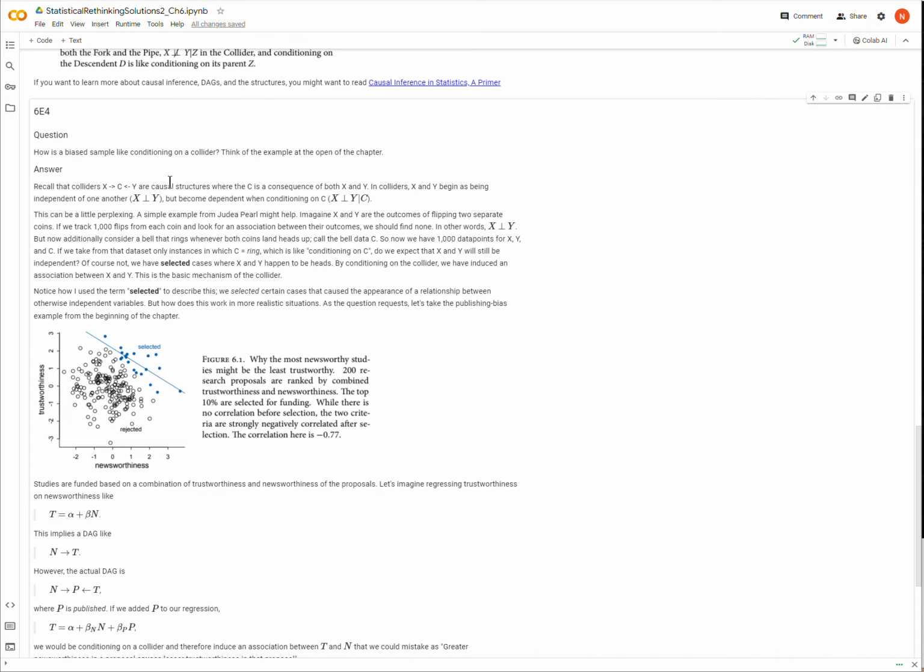So imagine that we have two variables, X and Y. Now these variables for us are going to be two different coins that I'm flipping at the same time. X is a coin, Y is a coin, and we're just going to go down and write heads, tails for both of these coins. Now, let's say we do this 1,000 times.